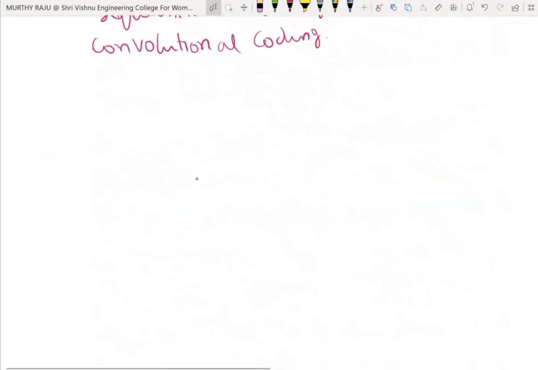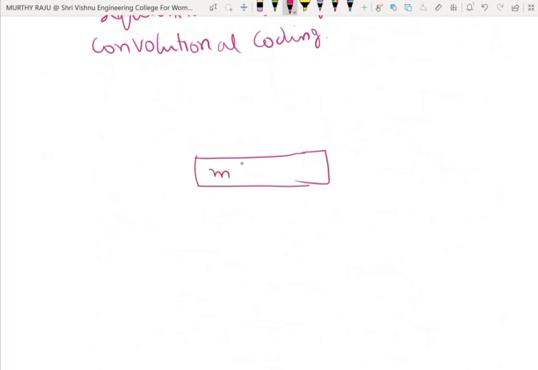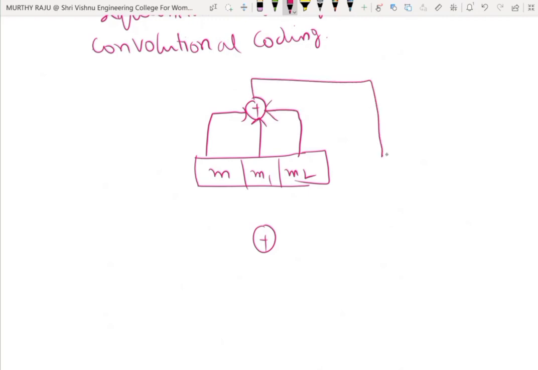This is the figure. M, M1, M2. Here we use two modulo 2 adders. M is connected to the first modulo 2 adder. M1 is also connected to the first modulo 2 adder. M2 is also connected to the first modulo 2 adder. The output of the first modulo 2 adder is X1.